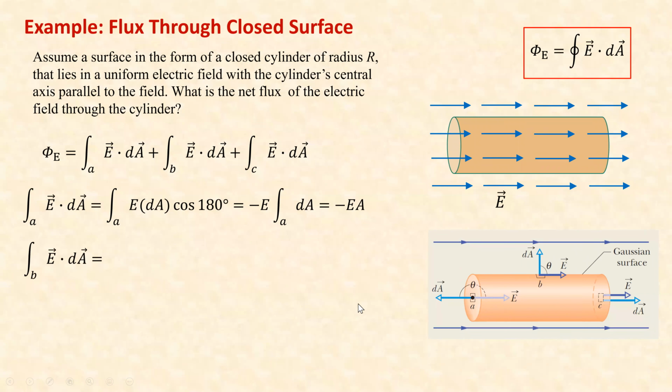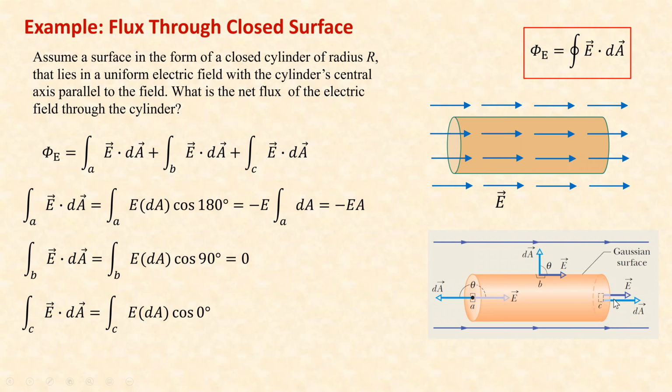And then for the middle part, E dot dA becomes what? Becomes E times dA times cosine of 90 degrees at any point, because at any point, electric field and dA are perpendicular. Cosine of 90 is 0, so this gives you 0. In part C, E dot dA becomes E times dA times cosine of 0, because dA is outward, electric field happens to be in the same direction at that point, at all of those points.